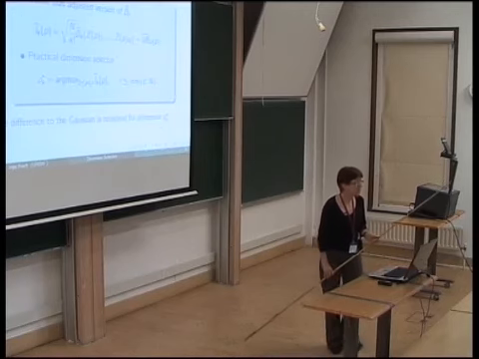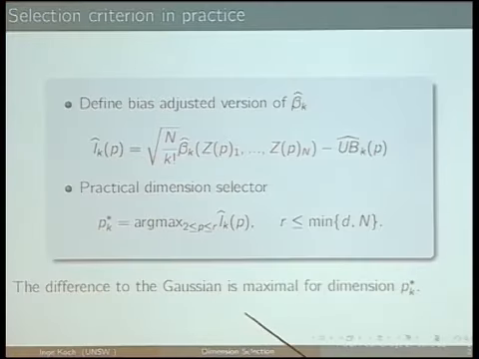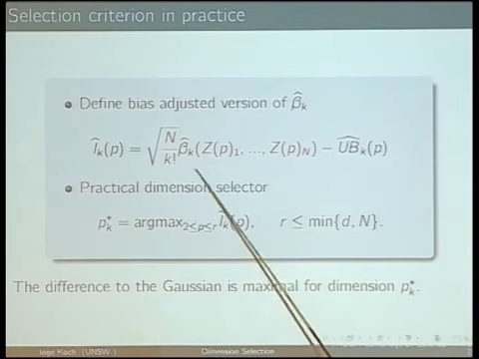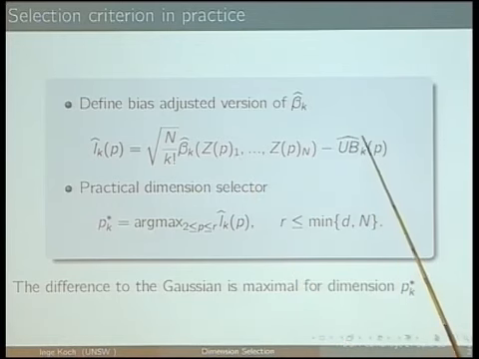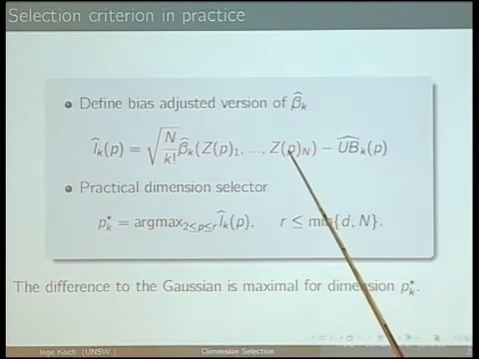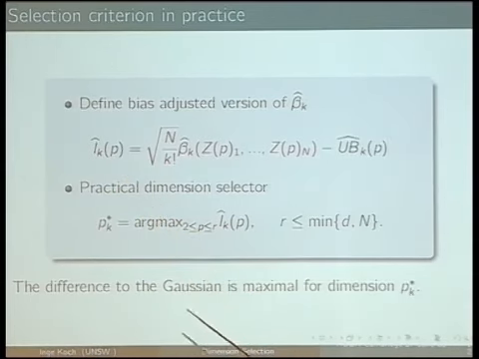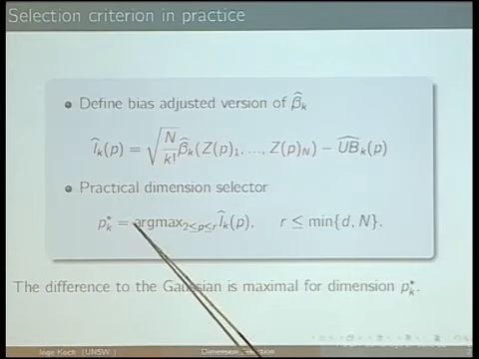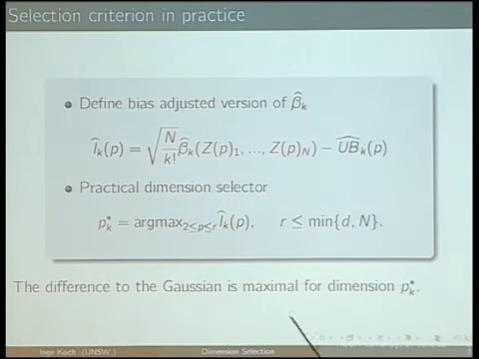And then finally, the way we choose our estimator for the dimension is we're looking at our rate again, this quantity of interest, and we're comparing that to the upper bound, again for the same p in each case. So we've got this quantity I hat of p, and then the actual selector will be the dimension p which maximizes the difference between our sample kurtosis and the Gaussian random field of the same dimension.